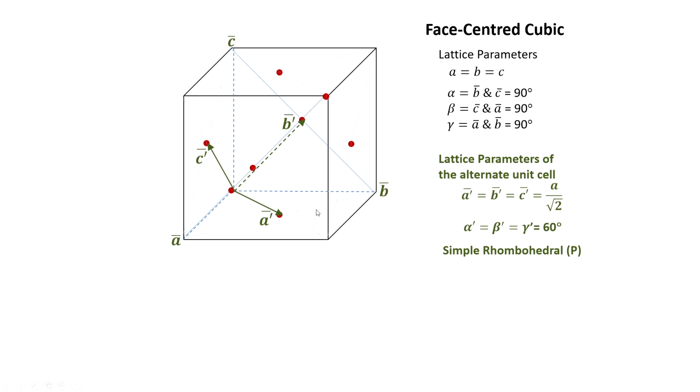If I look at the angles, alpha between B and C, beta between C and A, gamma between A and B are all 90 degrees. Analogously, alpha prime is between B prime and C prime, beta prime between C prime and A prime, and gamma prime between A prime and B prime. All 3 angles will be equal. It is very easy to calculate.